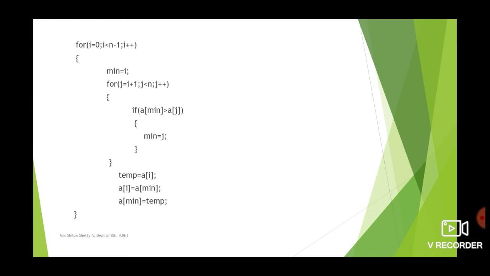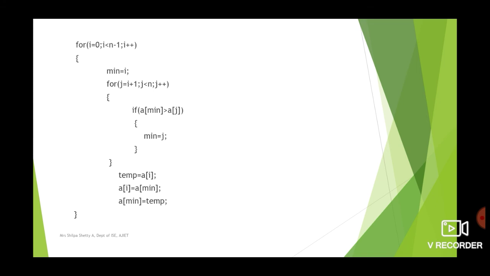So let us take what happens in the second pass before we check into detail in this algorithm. In the second pass i will be 1. Minimum will be 1 because the second element is compared with third, second with fourth and second with fifth. So the minimum element is taken as the second element here, which is at index 1.